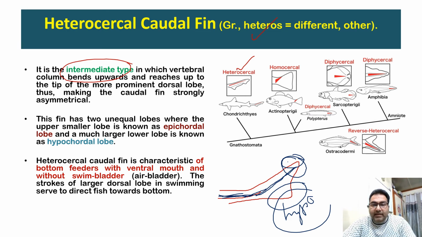So as these fish have to move at the bottom, this fin serves to direct the fish toward the bottom. And it is mostly the characteristic feature of the bottom feeders. Herein what you are seeing is the heterocercal tail.